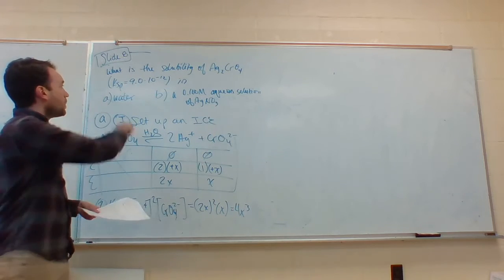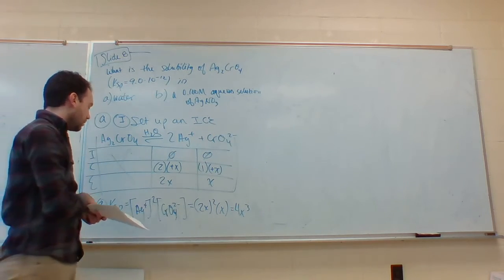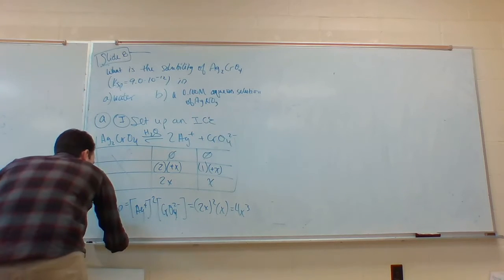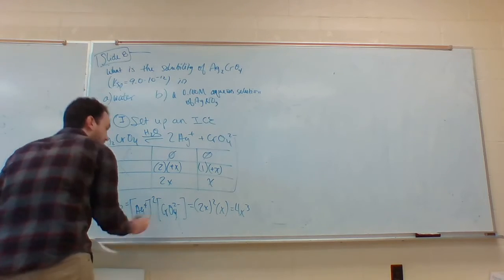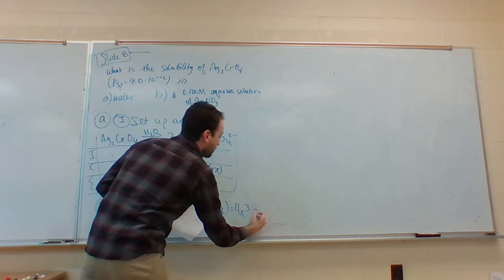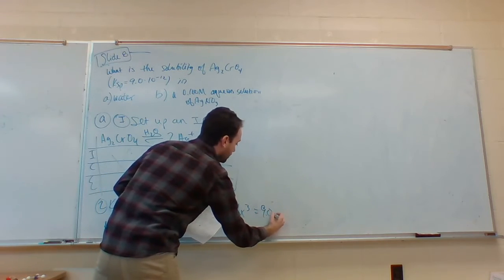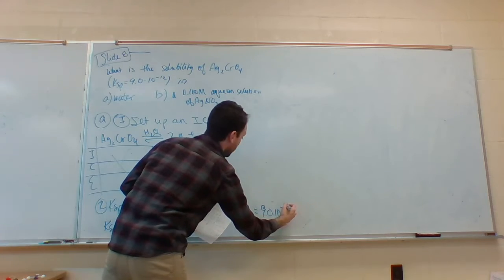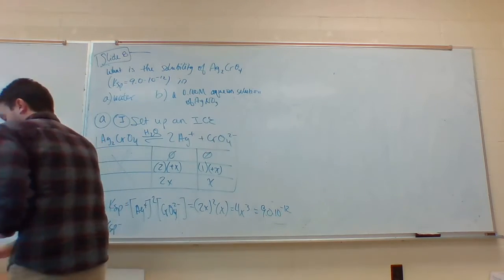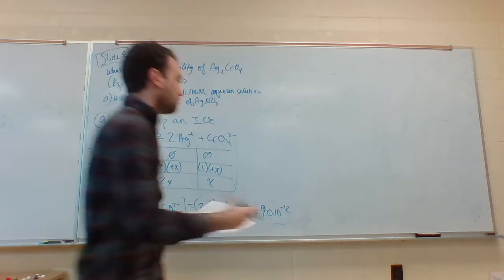We have the Ksp, so our Ksp is equal to 9.0 times 10 to the negative 12, which means that it's relatively easy.